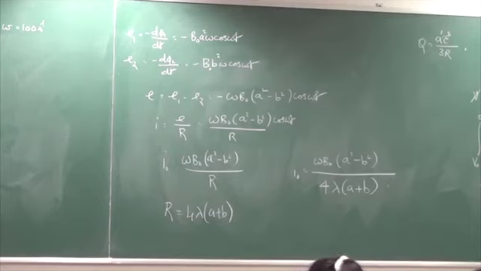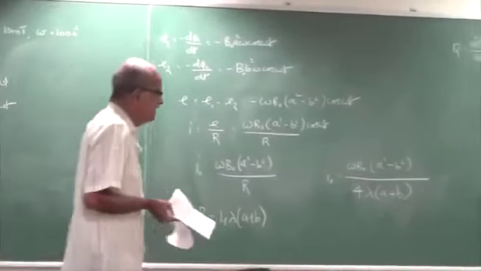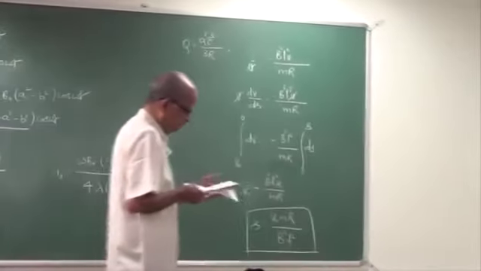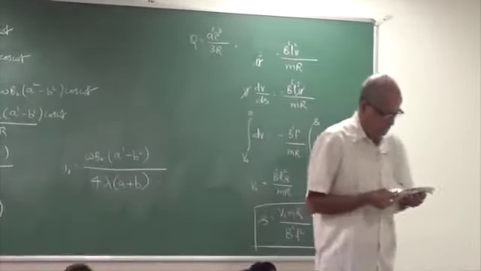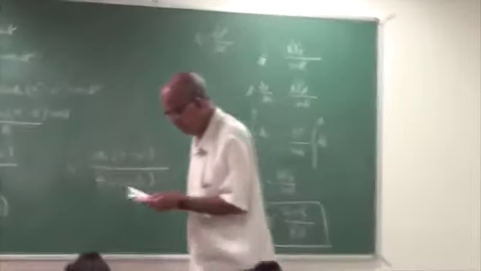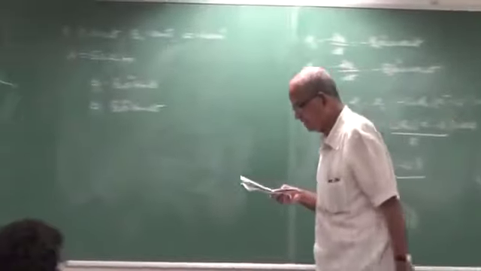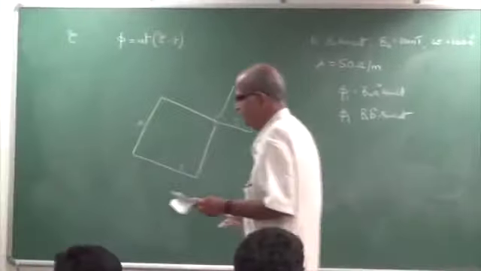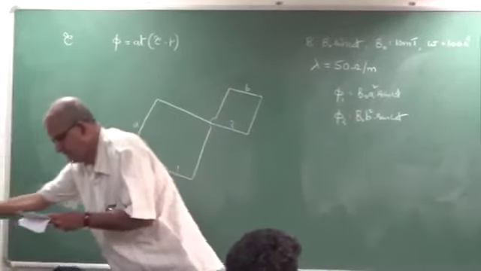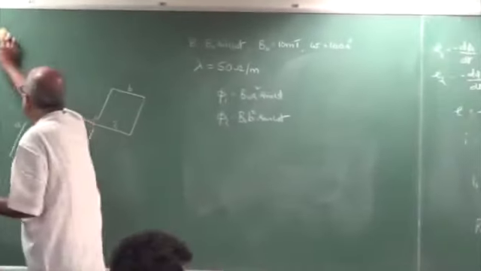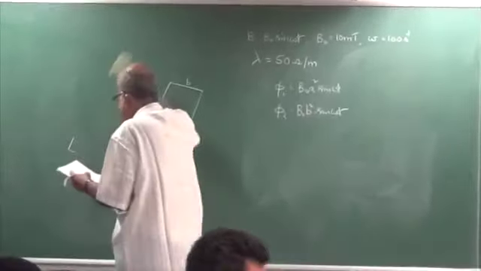Next, take this problem. A uniform magnetic field of induction capital B vector is changing in magnitude at a constant rate dB by dt.